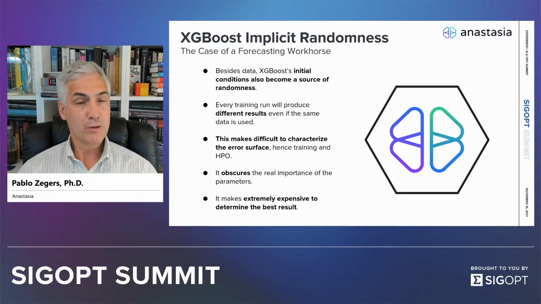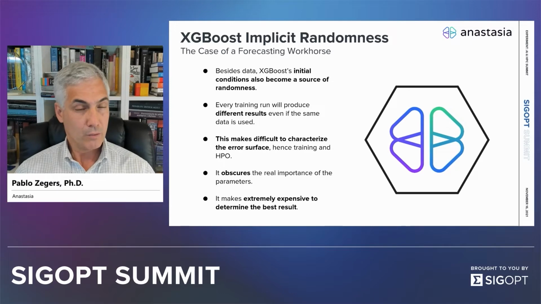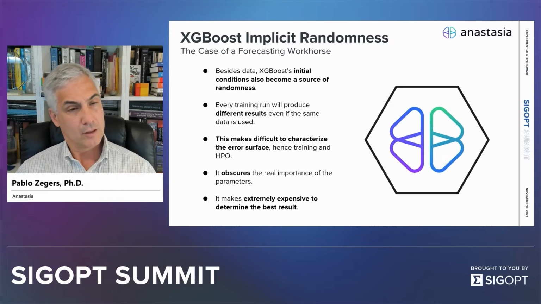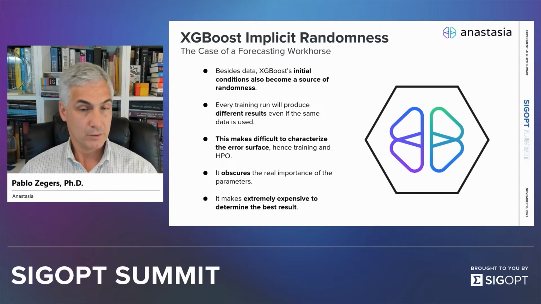So the real importance of all the elements of the problem is obscured, and this makes it expensive to search for the hyperparameters and expensive to train, because what the system is seeing when it's searching for the parameters is not very clear, because every time it runs the problem and changes the random seeds, it gets different results.